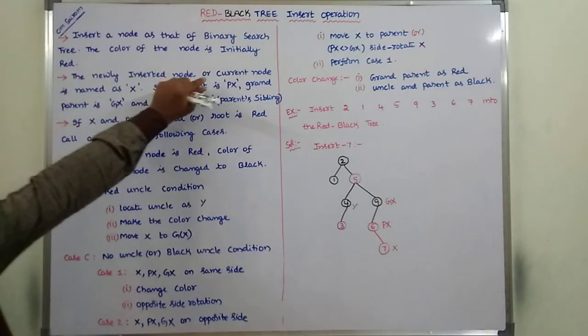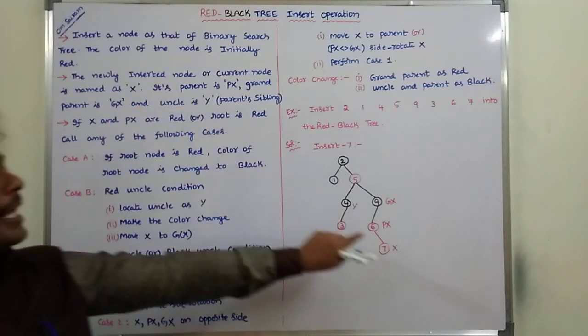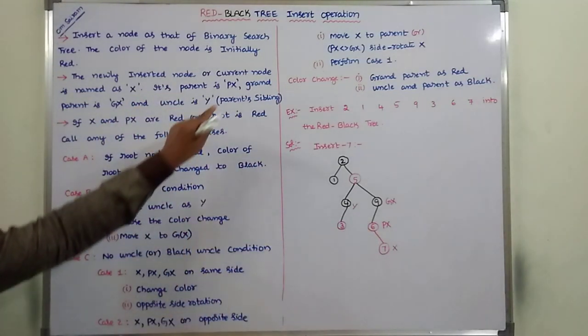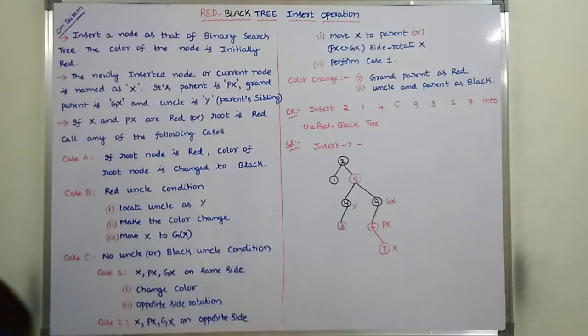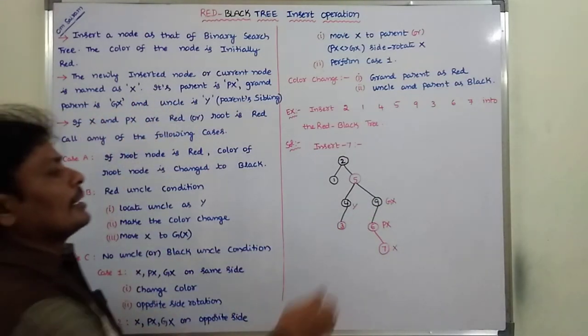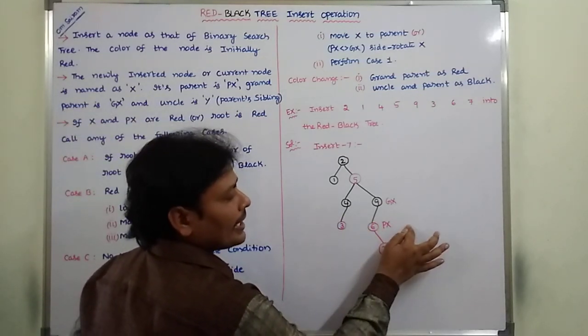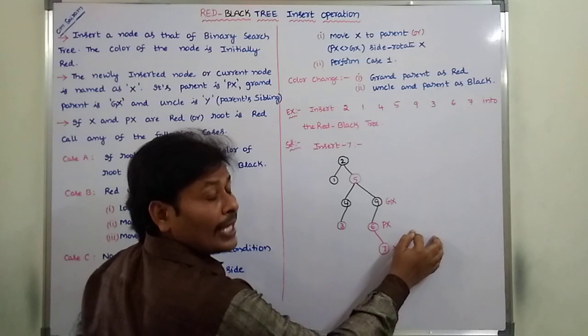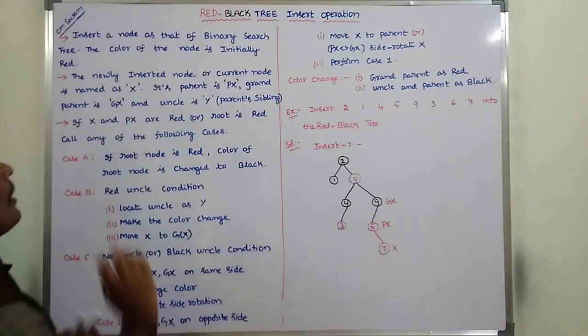The newly inserted node or current node is X. Its parent is Px, that is node 6. Grandparent is Gx, that is node 9. And its uncle, the sibling, is not there. Here the parent's sibling is empty. Grandparent's son is not there, so the uncle is not there.